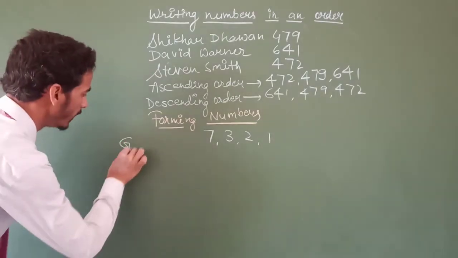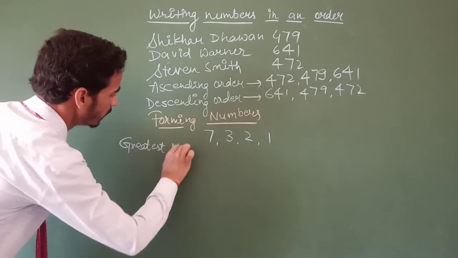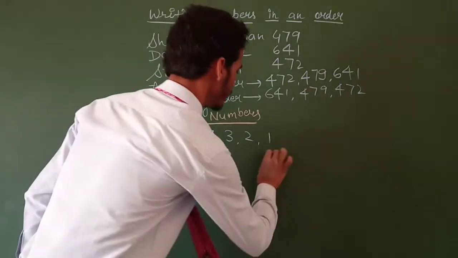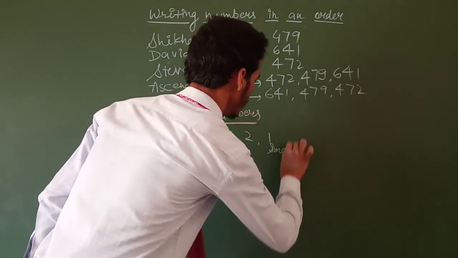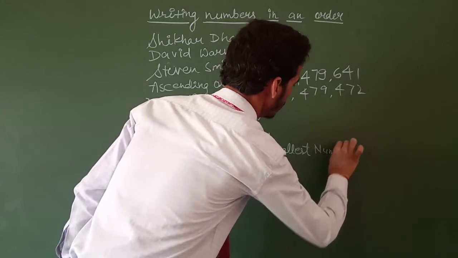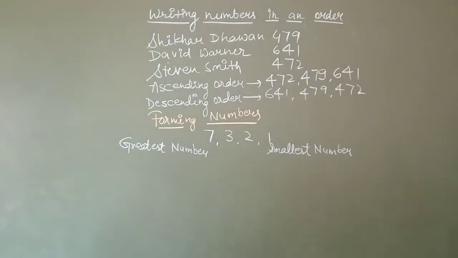When you make the greatest number from these digits, and also the smallest number from the given digits, what do we have to do? We have to build the greatest number and the smallest number from the given digits.